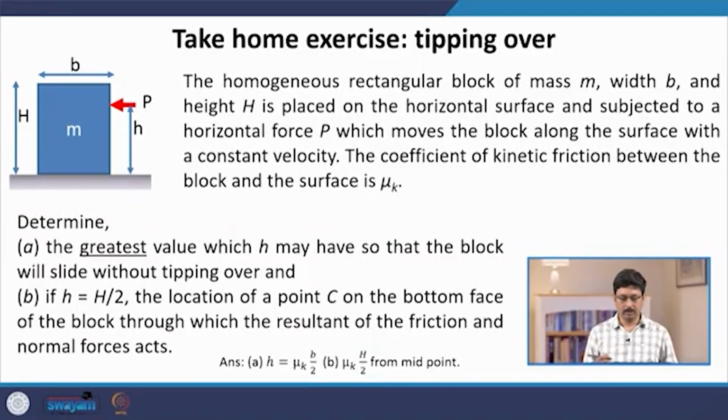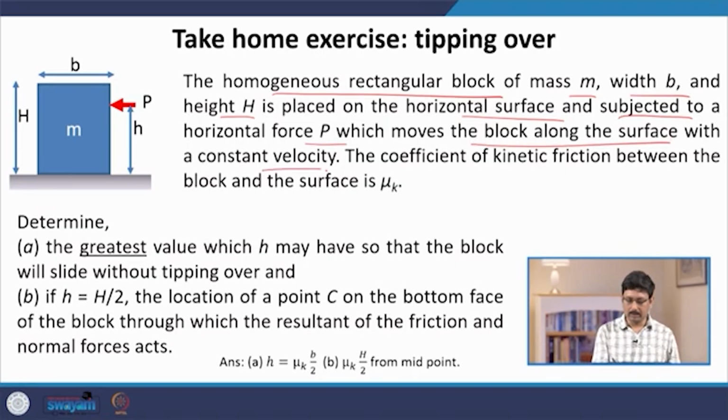Now, I quickly mention another exercise for you to try. You can do it in the same way. There is a homogeneous rectangular block of mass m, width b and height h, placed on a horizontal surface, and there is an external force P moving the block along the surface with a constant velocity.